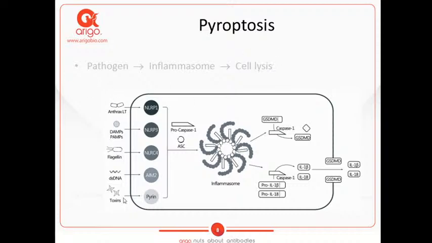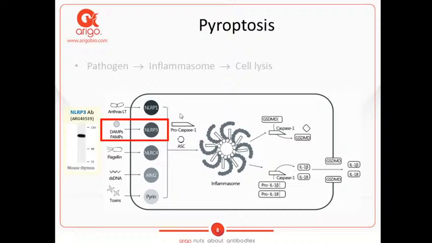Different pathogens, such as bacteria or danger signal or viral DNA or toxin, are sensed by different sensors. The most popular sensor studied is NLRP3, because NLRP3 is responsible for sensing the danger signal.